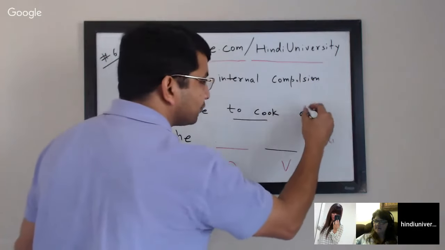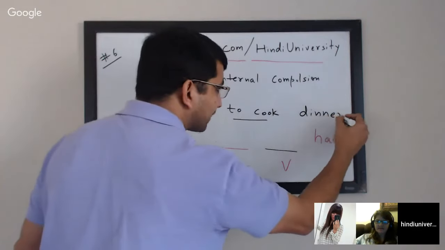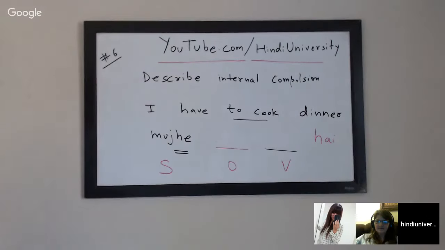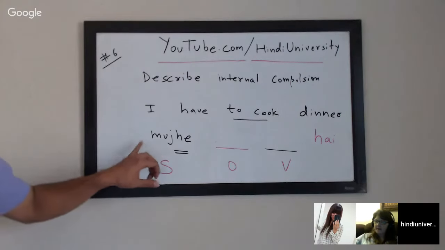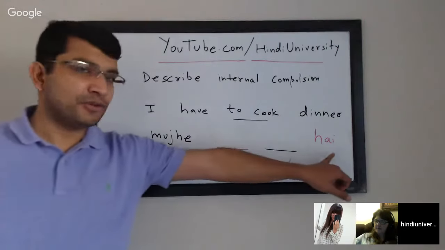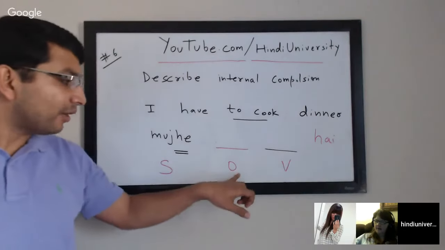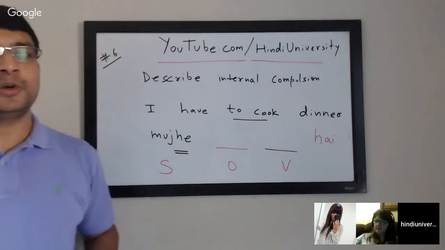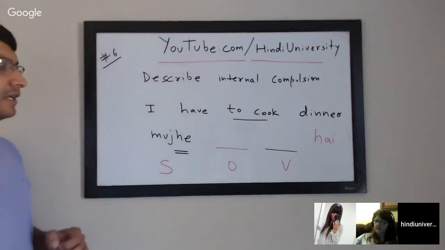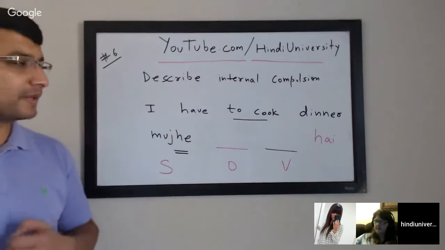So now that you mentioned it, I want everyone else to practice it with me. Take a pause, use this formula where you have मुझे and you're ending it with है. You have to write the object and the verb, and the verb has to be in the infinitive form.